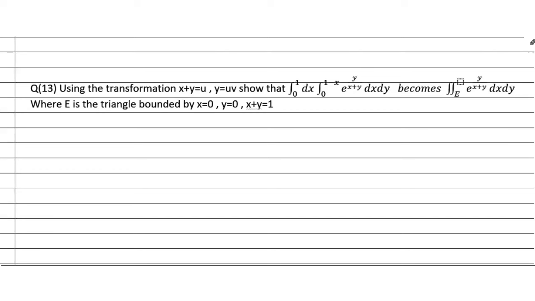So friends, now we are coming to solve another problem using transformation x plus y and y equals to uv. Show that the integral 0 to 1 dx becomes these equations, where E is the triangle bounded by x equals to 0, y equals to 0.